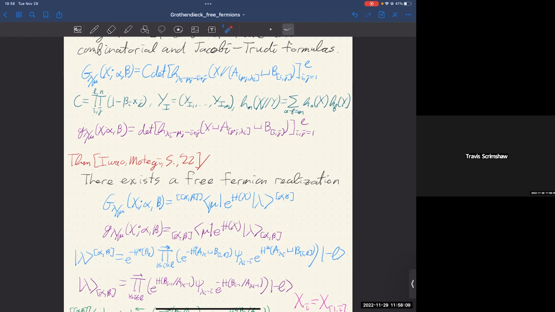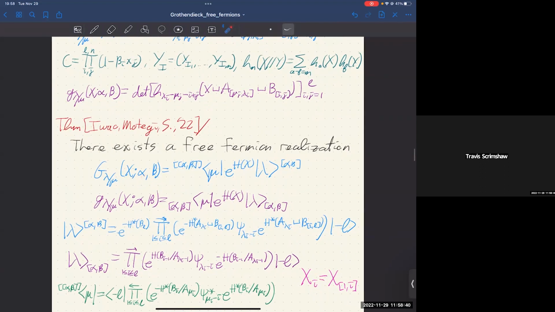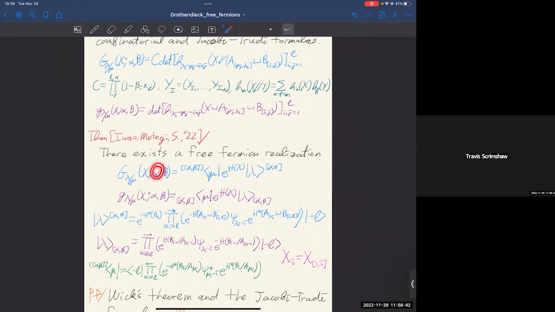Because if we can do that, we can actually derive quite a number of consequences from it, basically for free, because of the known relations on vertex operators and half vertex operators, along with their starred versions. And we were able to do that by building upon previous work of Iwao for the non-refined case for when, say, alpha was 0.